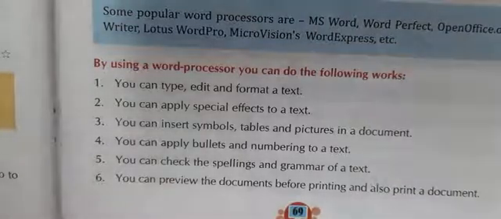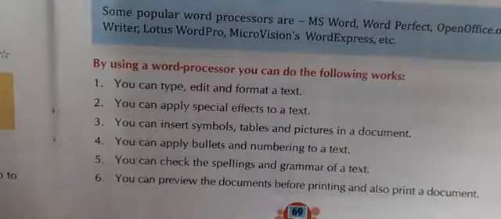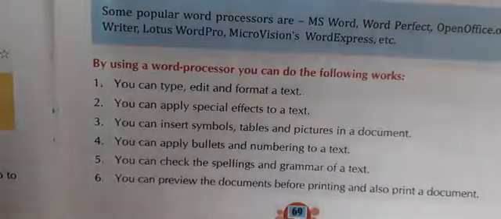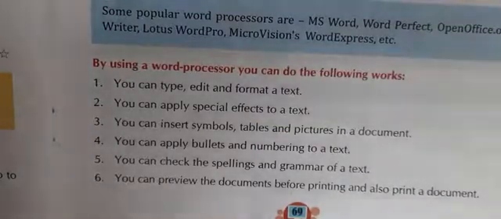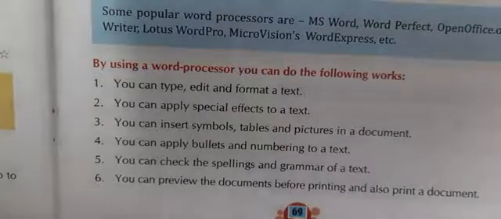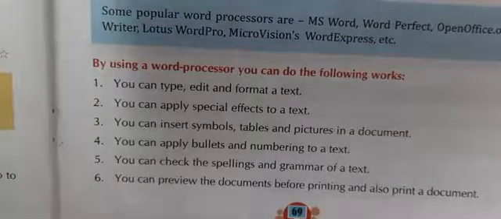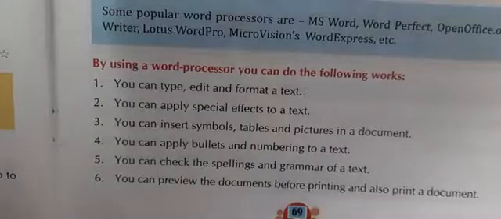When we are entering the data or text in a listed form, then we can use bullets and numbering also. Next, you can check the spelling and grammar of a text. Suppose while typing the data, we have made some spelling or grammatical mistake. Then with the help of a word processor or MS Word, we can check the spelling and grammatical mistakes.